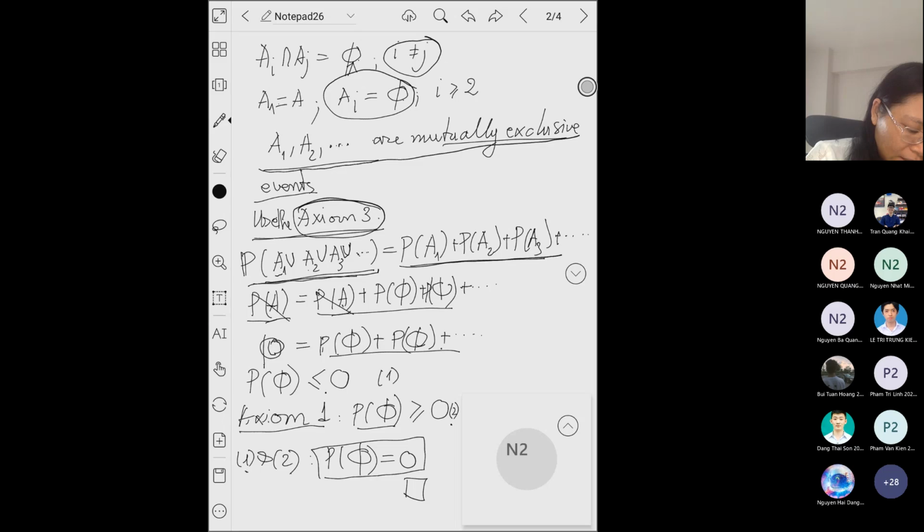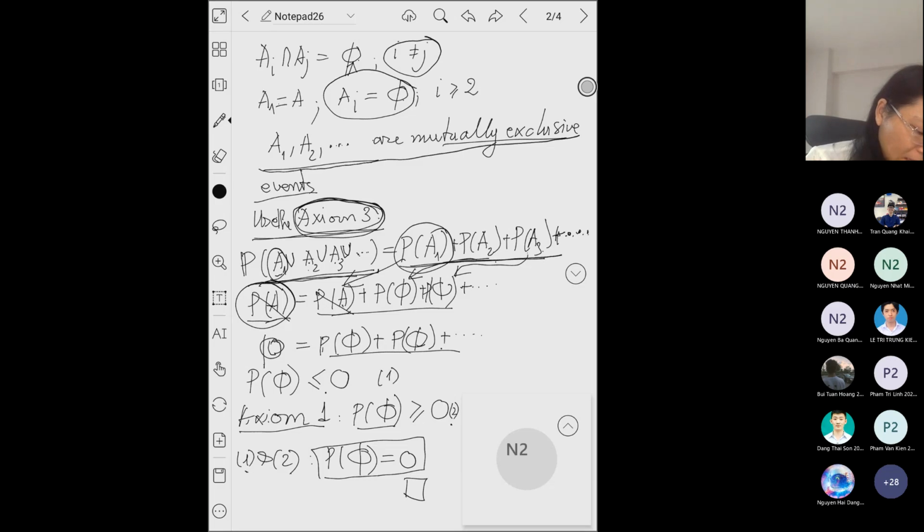Here we are using axiom 3. Do you know that the empty set union with any set A always equals A? So the union of A1 and the empty sets equals A, so it is the probability of A. On the right-hand side, we have the probability of A1, which equals the probability of A, plus the probability of A2, which is the empty set, plus the probability of A3, which is an empty set. Okay.